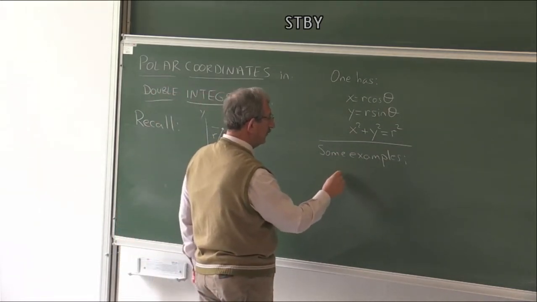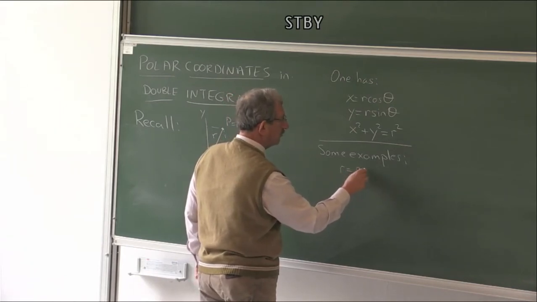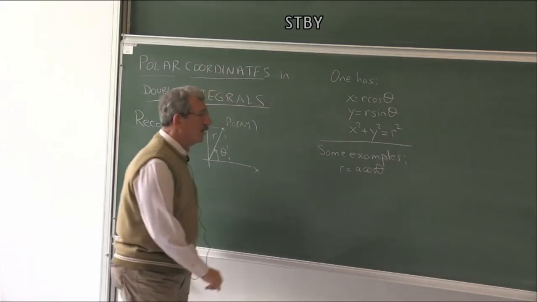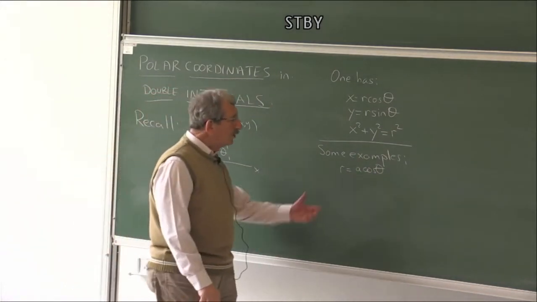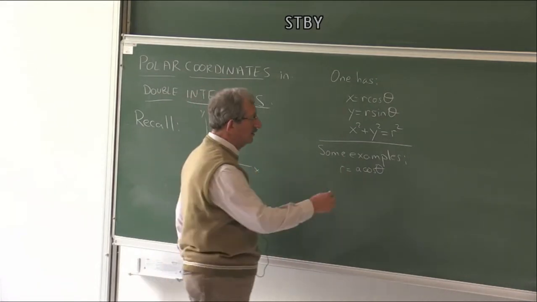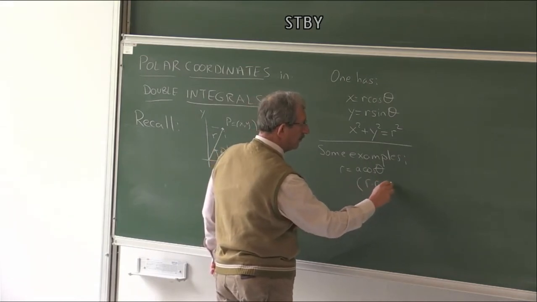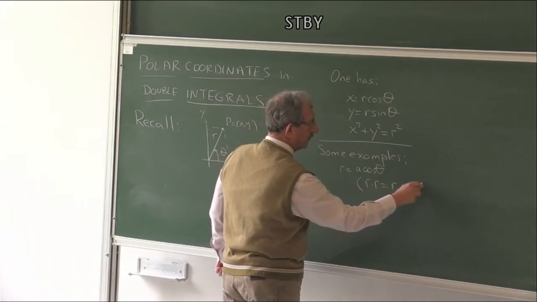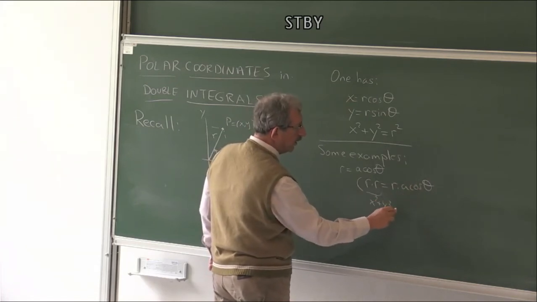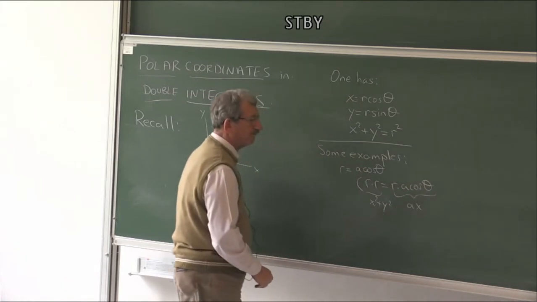For example, say r is a cosine theta. Now, when we look at this formulation, we don't see much actually, but we could multiply by r. Then this becomes x squared plus y squared, and this becomes ax.